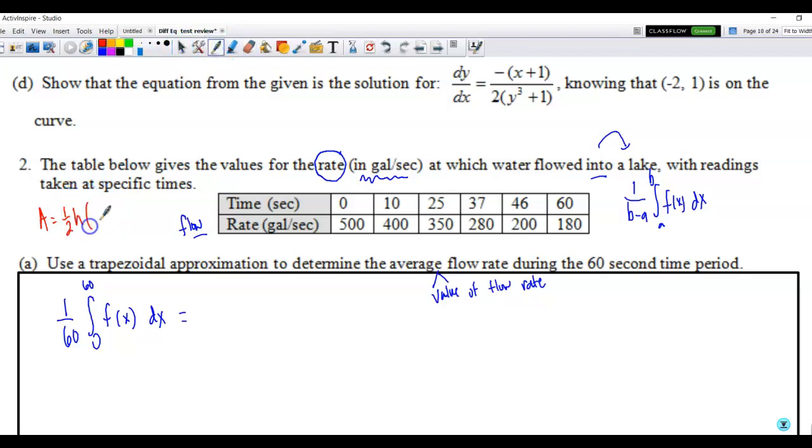Now notice they didn't tell me how many trapezoids, so whenever they don't tell me how many, I put in what's reasonable to the data. So I'm going to put in trapezoid 1, 2, 3, 4, 5. I can get 5 trapezoids in that data, so that's how many trapezoids I'm going to do.